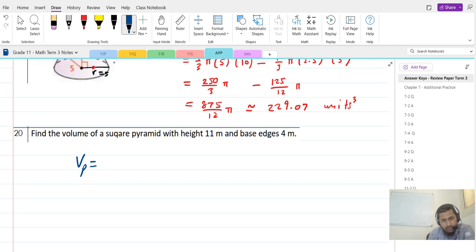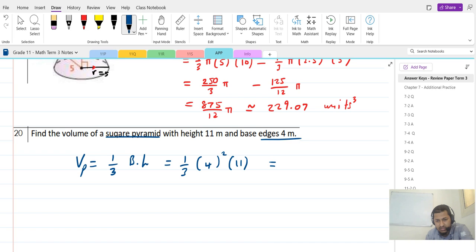So volume of the pyramid is 1/3 base area times height. Right, so 1/3 base area, 4 is a square edge. This is a square pyramid, right? Times height, which is 11, right?